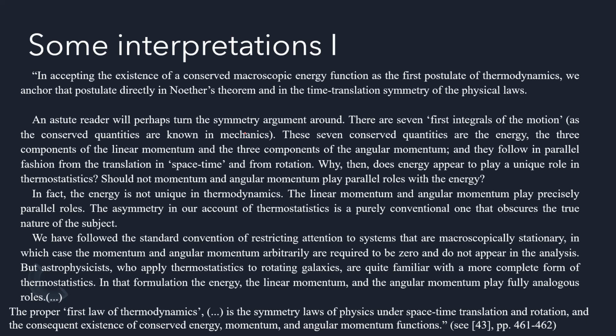An astute reader will perhaps turn the symmetry argument around. There are 7 first integrals of the motion, as the conserved quantities are known in mechanics. These 7 conserved quantities are the energy, the 3 components of the linear momentum, and the 3 components of the angular momentum, and they follow in parallel fashion from the translation in space-time and from rotation.